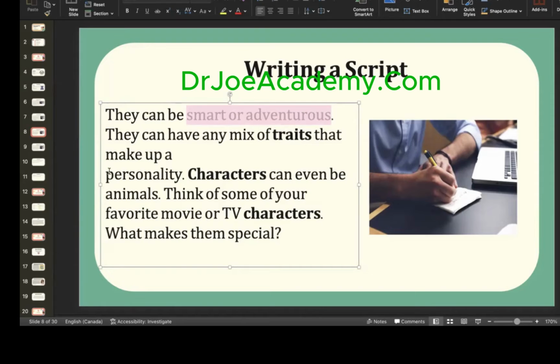They make up a personality. Good. And Elizabeth, can characters be something else? Do they have to be people? No. What can they be? Animals.